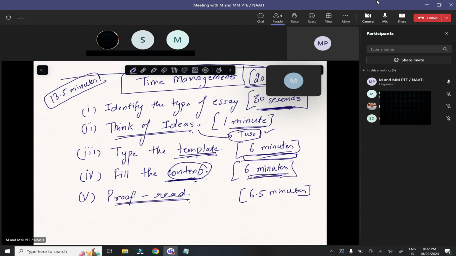In proofreading, we'll go through all the words, check all the spellings, grammar, punctuation, make sure your template is correct, there are no typos, there's no repetition of words, all those extra bits and pieces at the end, which you will do to make sure your essay is perfect.